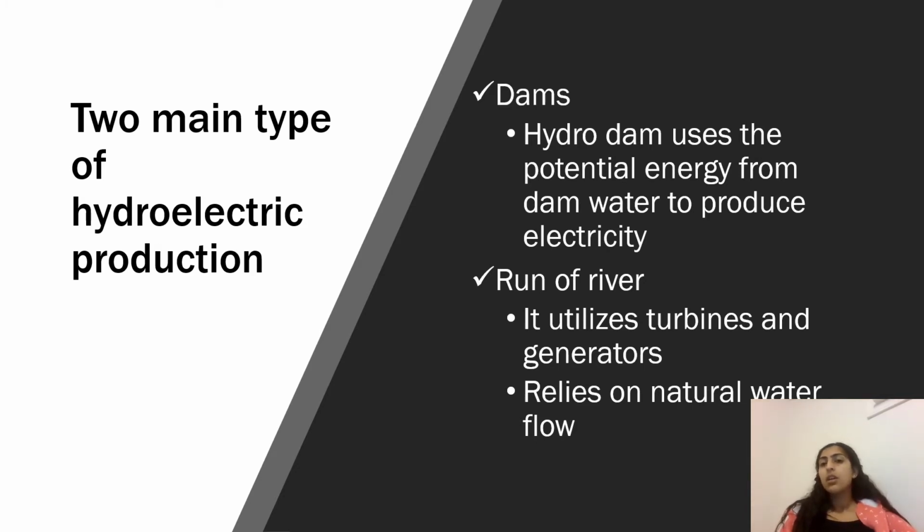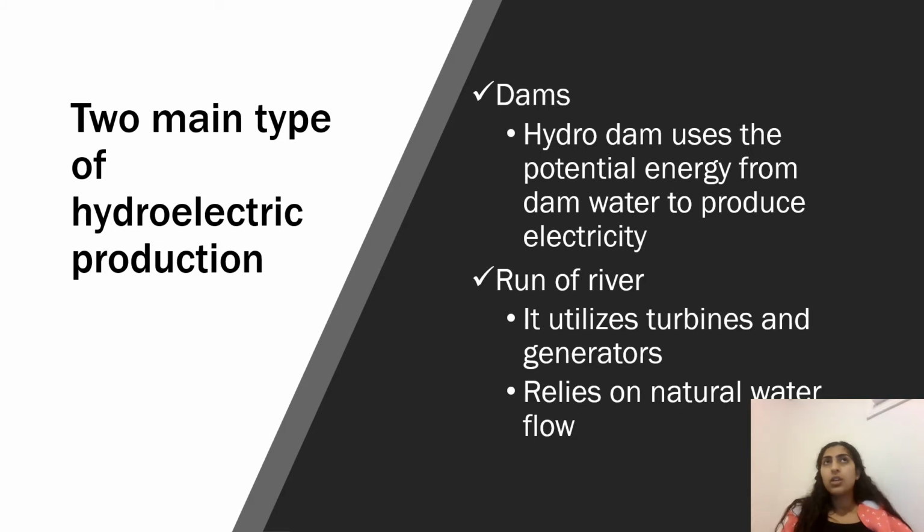And then there is run-of-river. What happens in run-of-river is we still use turbines and generators, but the difference is that we rely on natural water flow. It depends upon the rate of the river flowing. We do not use any kind of dam, or any reservoir from where we release water from a certain height to fall on a turbine and create electricity.